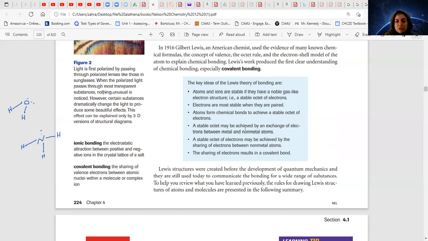A stable octet may be achieved by an exchange of electrons between a metal and a non-metal, like NaCl, right? In NaCl, Cl has 1, 2, 3, 4, 5, 6, 7 valence electrons, and Na has 1.